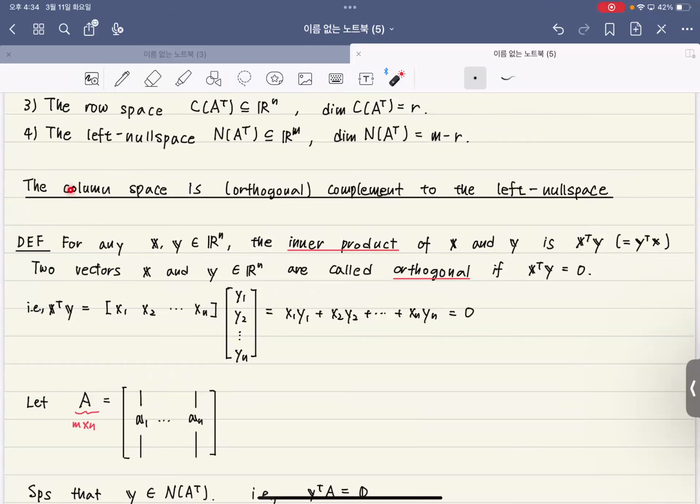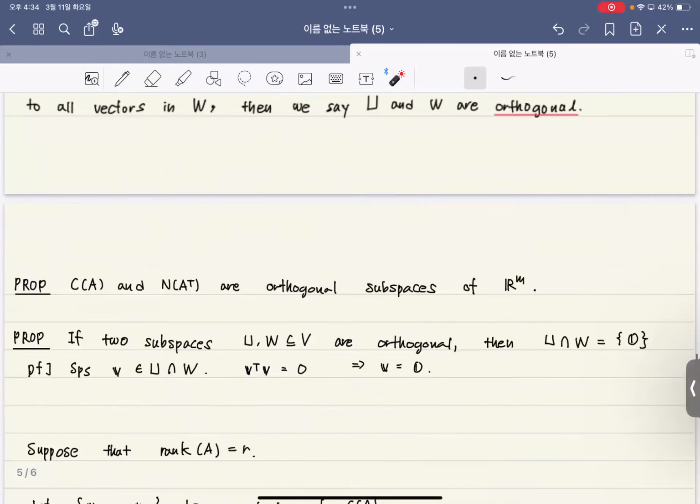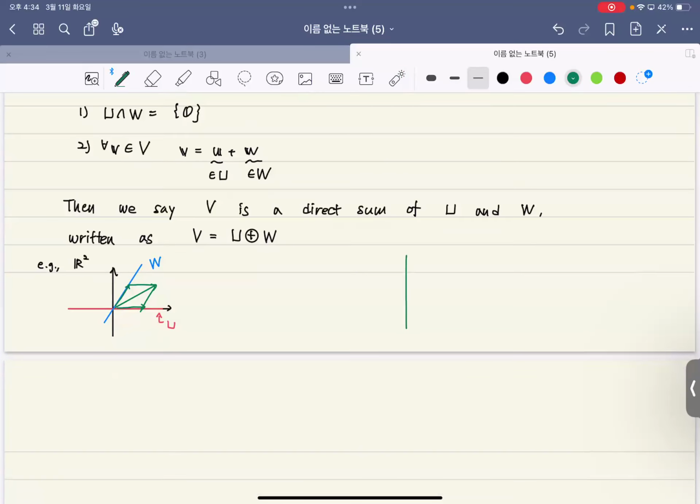If you understand this slogan, it actually tells us a lot of information about the column space and the left null space. So let me consider this. Suppose that this is my column space.